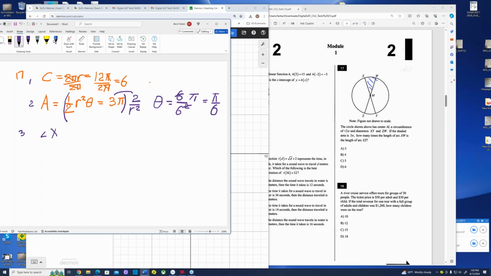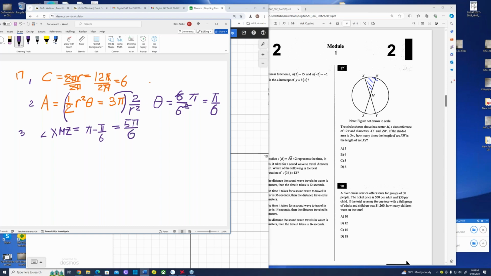XMZ is, together with the angle I found, supplementary, equals pi minus pi over 6. Everybody following? From pi I subtract this theta. And this would be what? 5 pi over 6.